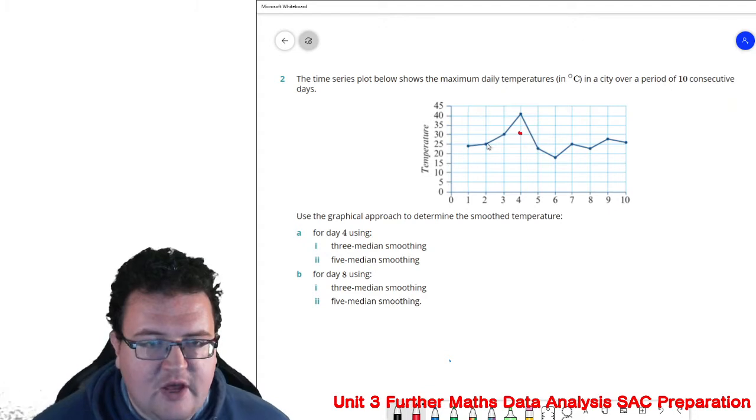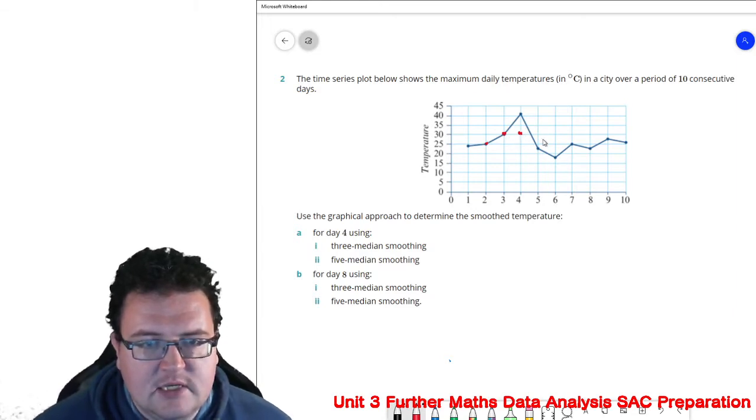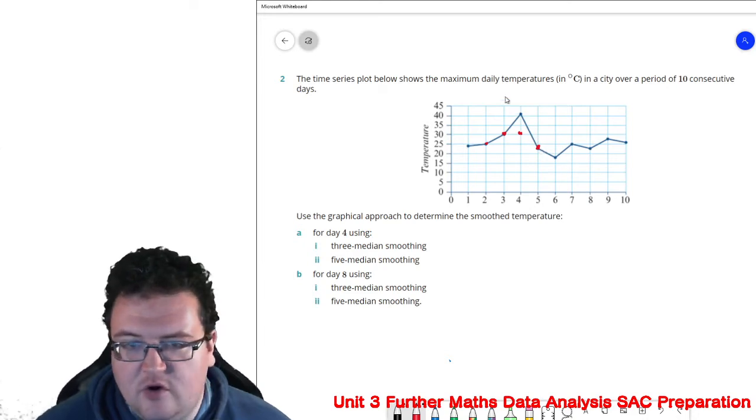All right, so if I go along and do all of this, I can't do day 1 because there's nothing before it. Day 2 I can do. Day 2 actually stays the same. Day 3 stays the same. Day 4. And now day 5 also stays the same, conveniently, because if you look at the medians of those, you've got those there.